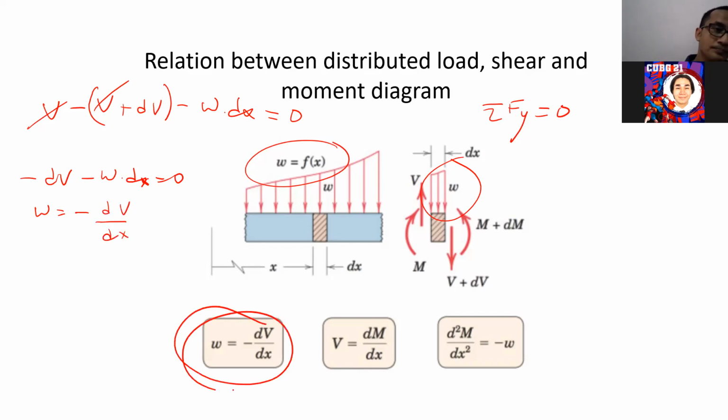This one shows us the relation between the function of the internal shear force at location x and the function of the distributed force. So there is a relation between the distributed force and the internal shear force.